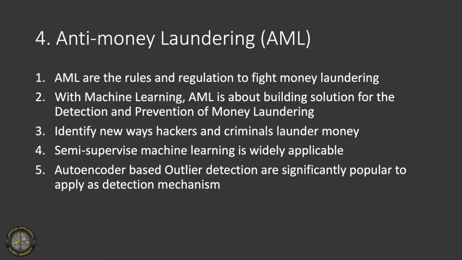So the probability of these transactions happening is very small, and in order to identify them, you need to look at a super large amount of data. It's like a needle in a haystack scenario. So building anti-money laundering solutions means you need to go through a very large amount of data to find a very few signals which indicate money laundering.